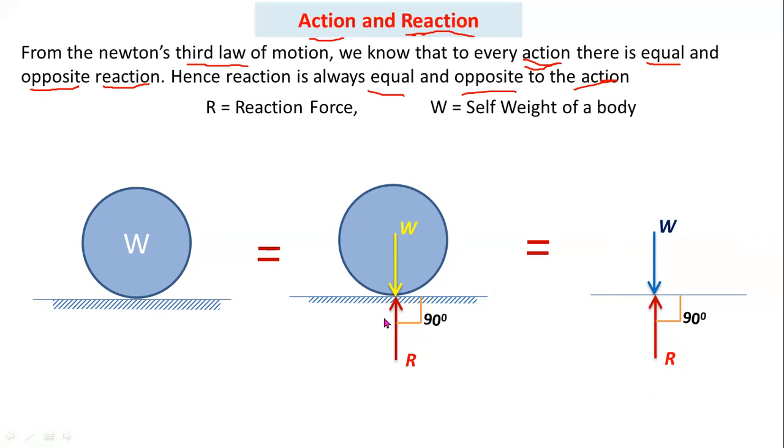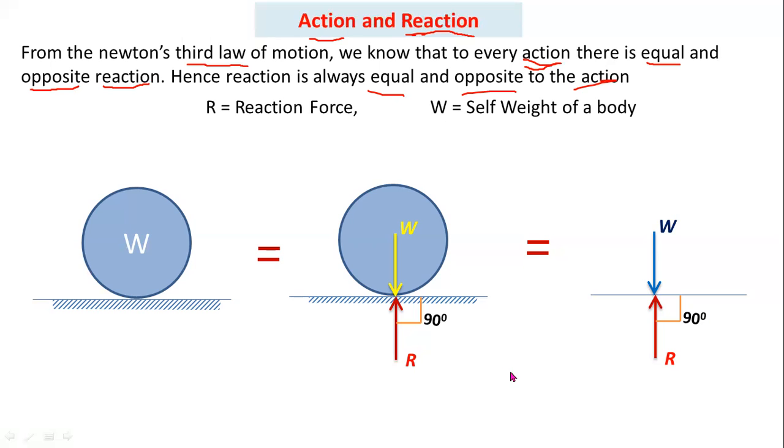A free body diagram indicates only the forces acting on the body. Here we consider self weight as the action and the reaction force capital R as the opposite reaction.